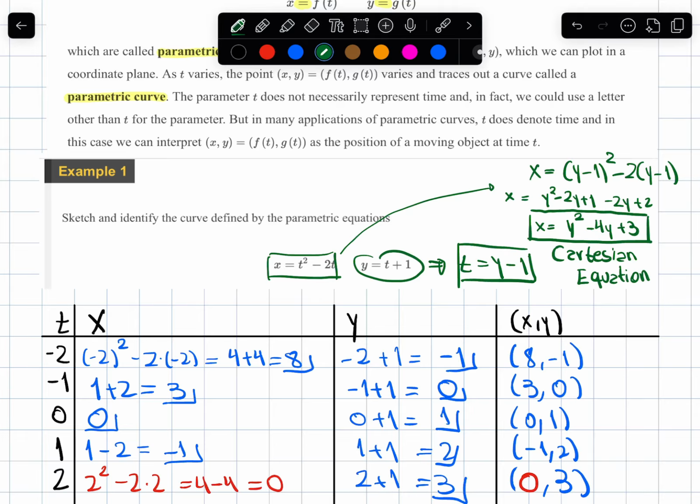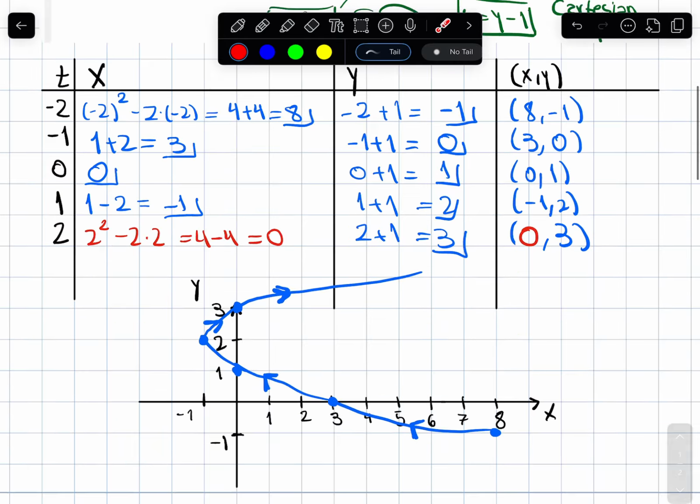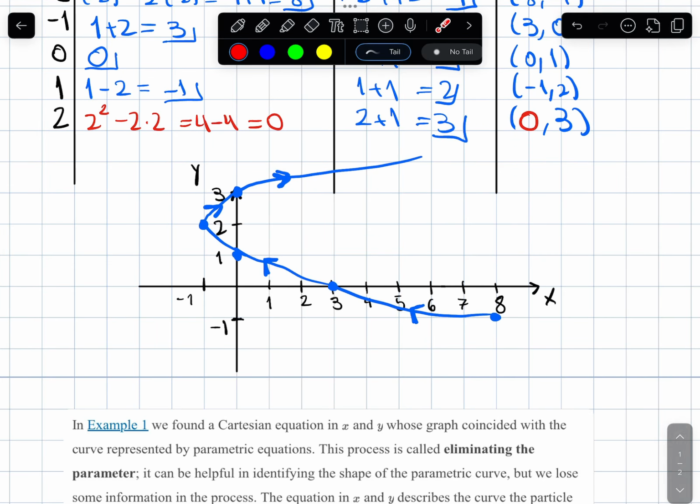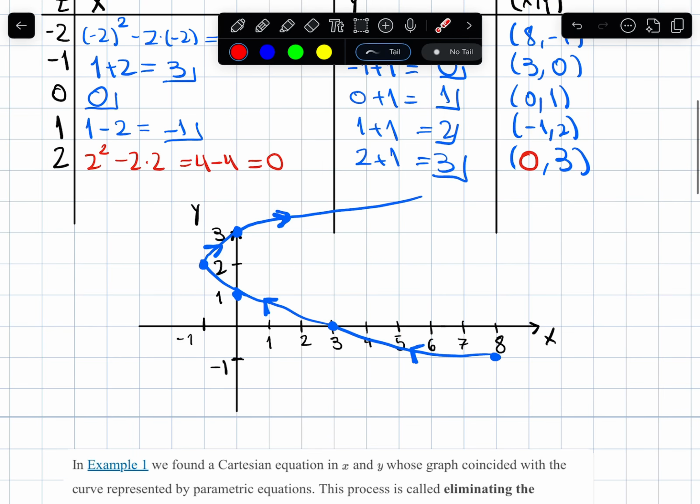And of course, looking at this, if you remember previous classes, you can tell this is a parabola. If x and y had swapped places, then you could tell this was a parabola, ax squared plus bx plus c. But now x and y have swapped places. So this is a sideways parabola like we have here. And so we know exactly what's going on.